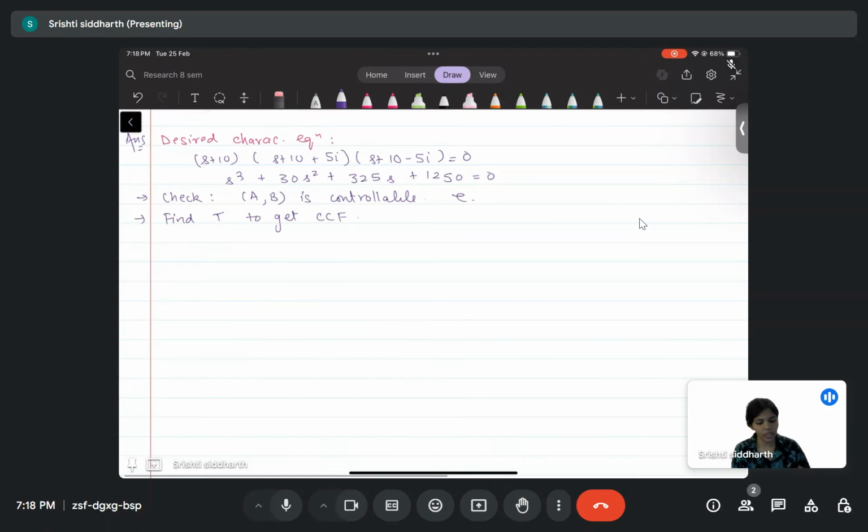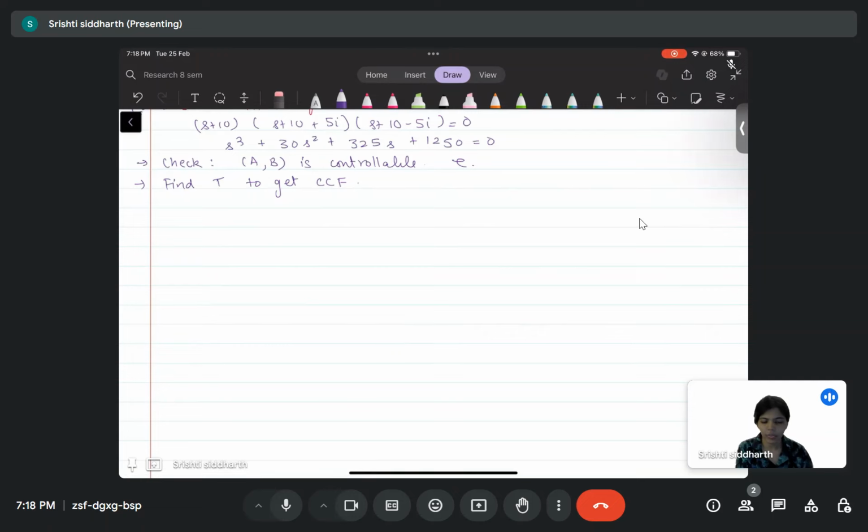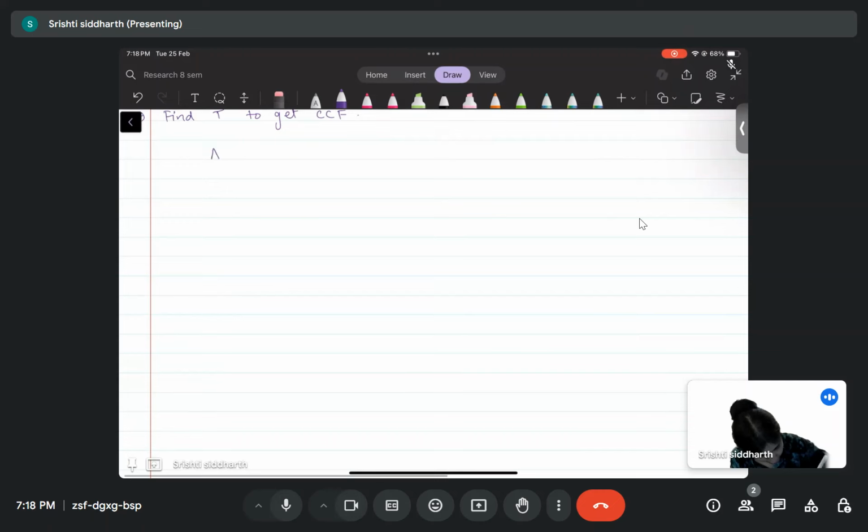So we have already seen how to find the transformation T and to get the matrices AC and BC. I'm going to write those down directly. AC is, for this case, 0, 1, 0, 0, 0, 1, 1, 0, minus 1.